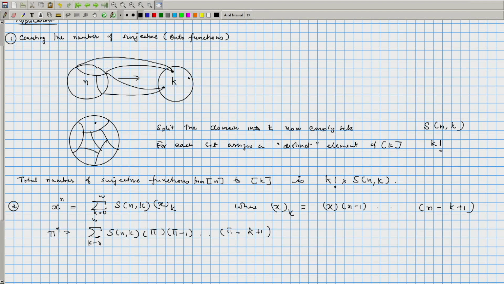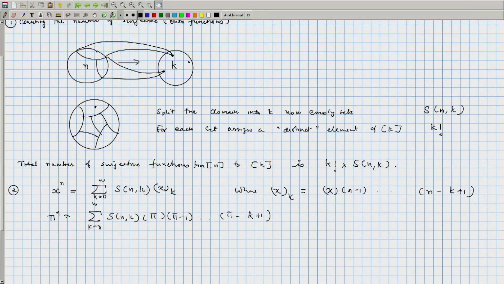So, this is a fairly complicated expression, but what this means is that this is a polynomial identity, it is true for all real numbers. So, in that sense it is an interesting formula.